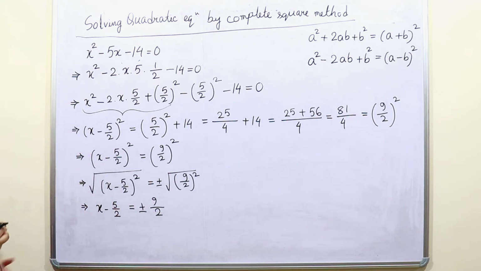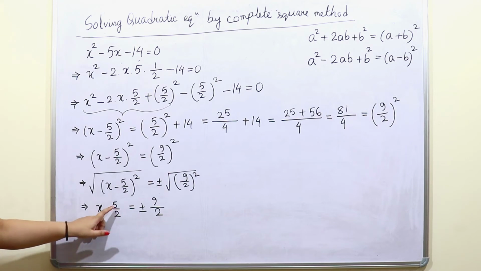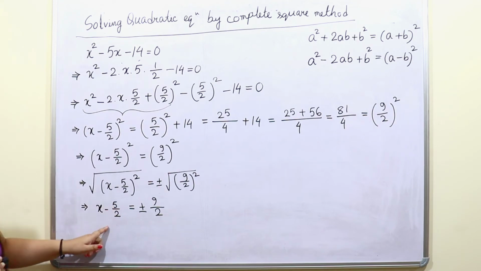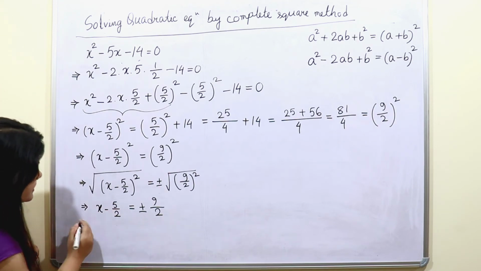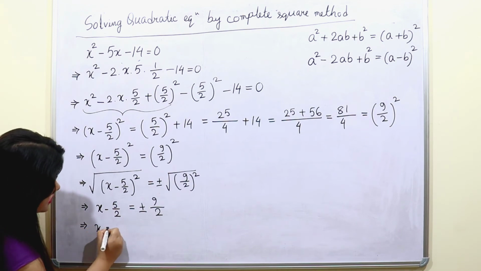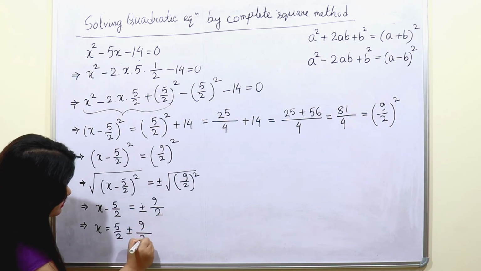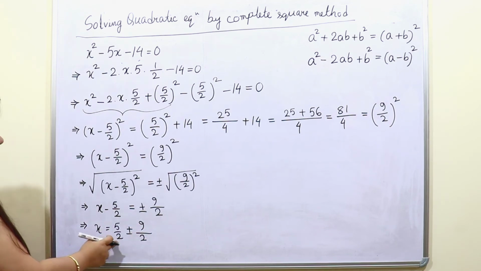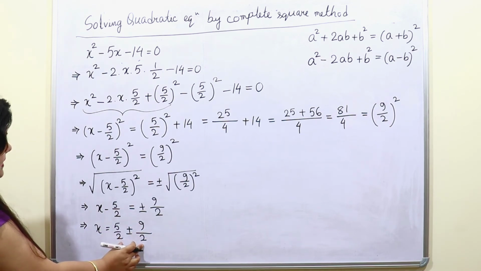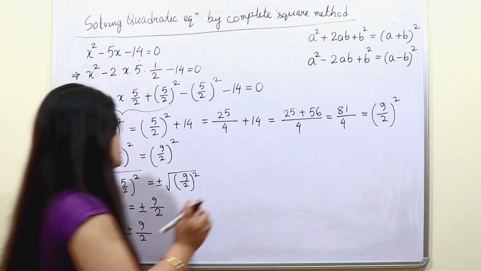Okay. Now in x - 5 by 2, the term 5 by 2 can be moved to the right hand side. So it becomes x equal to 5 by 2 plus minus 9 by 2. Now again we can take the LCM, which is equal to 2.